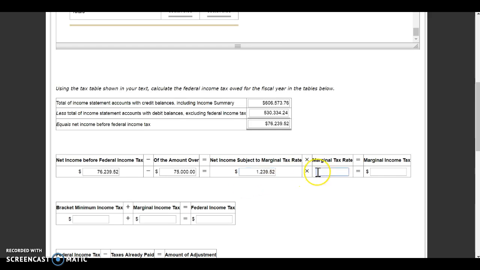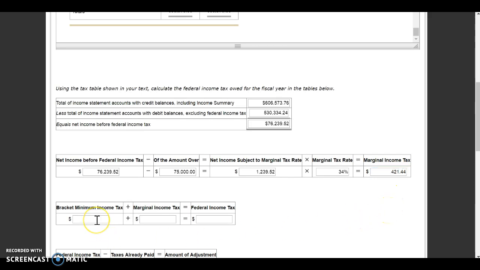Okay, still looking at that tax bracket on page 680. When we look, that marginal tax rate is 34%. So that's what I'm going to put in here, 34%. So I'm going to take my amount of 1,239.52 times the tax rate of 34%. And that gives me $421, and I'm going to round up, so I should get 44 cents.